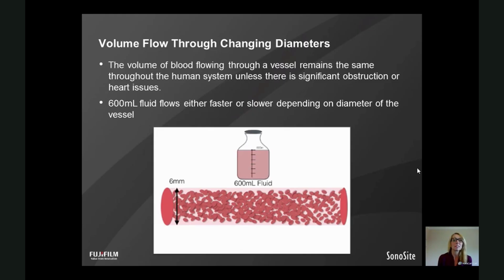It can't be 600 mils in one section and 300 mils a minute in another section, because then you would get congestion and dilation and that thing would rupture in no time. So whatever flows in, the same volume will be flowing out. However, the way it travels to have that volume flowing in and out will change. So the speed that it travels through narrower or wider areas will change, and this will give you an idea here.